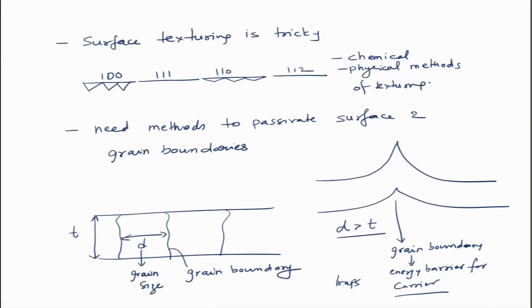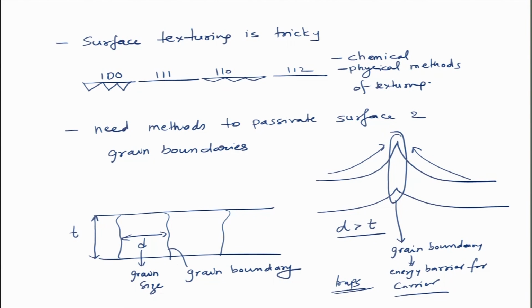So, it also has traps. So, you need to passivate these traps. So, grain boundary passivation is extremely important here in these solar cells. So, any carrier will find a barrier here at the grain boundary. Okay. So, this is the grain boundary region.